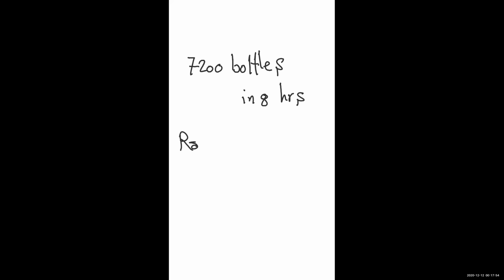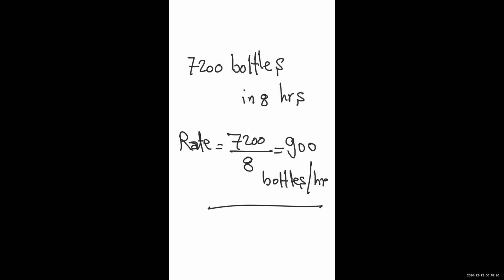So the rate will equal 7,200 over 8, so it will equal 900 bottles per hour. Then the next question, question 10. A water tap is leaking 20 liters of water in 5 hours.